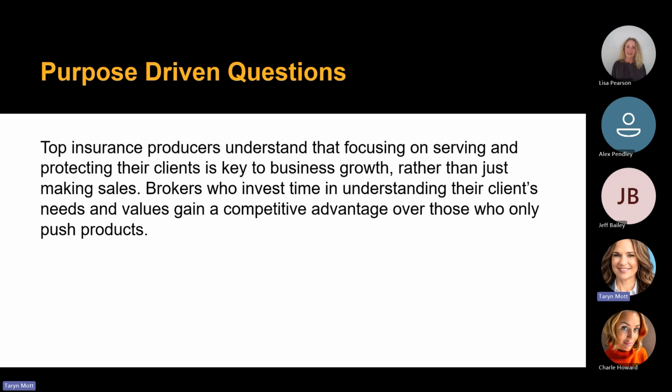The other reason that we know focusing on serving and protecting our clients is key, because what is the number one rule in sales? Retention. Not only is it good to identify why or what plan they need, but it's also good because the more business you keep in your book, the more beneficiaries that you retain, the more money you start out with on January 1st in ramping up your year.